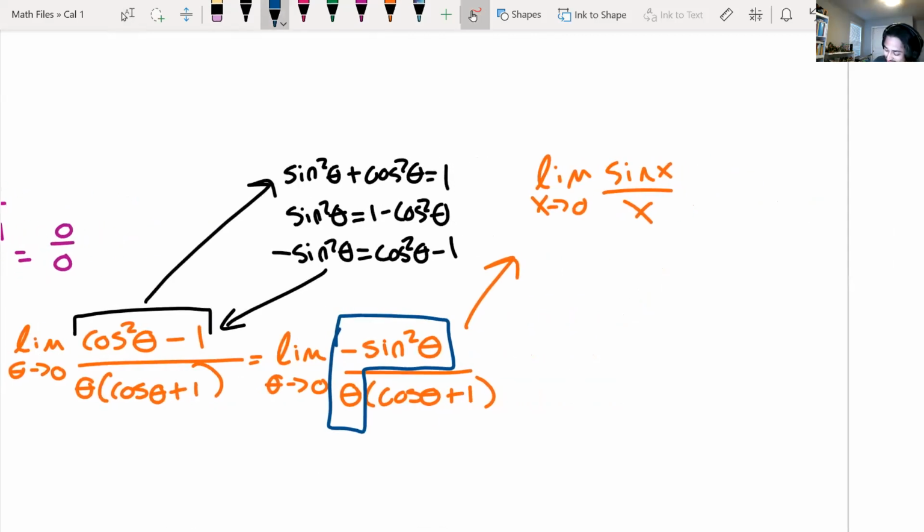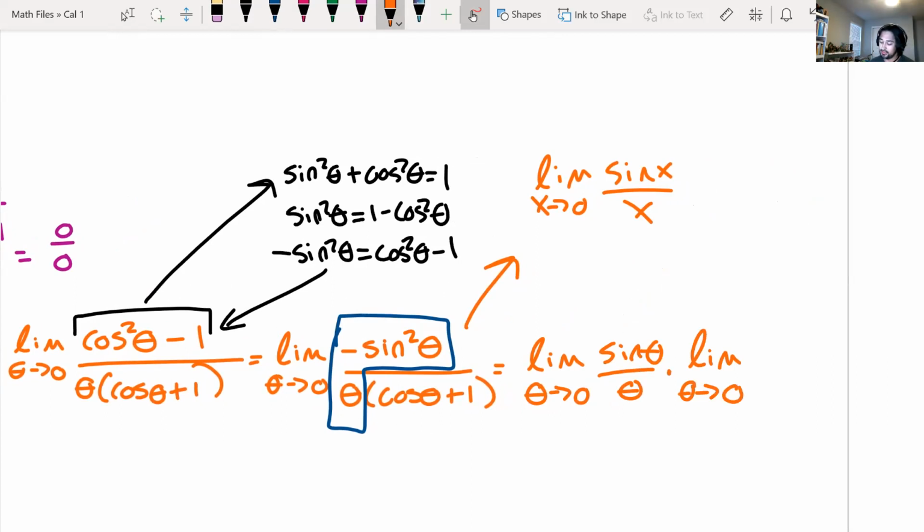All right, guys, so watch this. Now I'm going to rewrite this as the limit as theta approaches 0 of sine theta over theta times the limit as theta approaches 0 of what's left over from the split. That is negative sine theta divided by cosine theta plus 1.